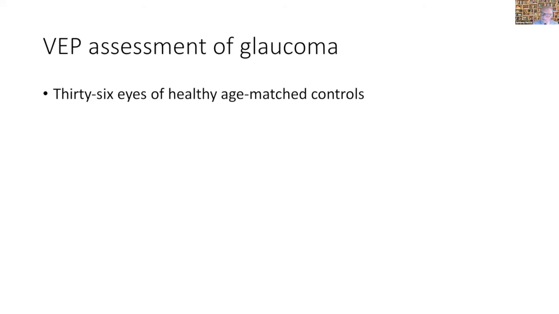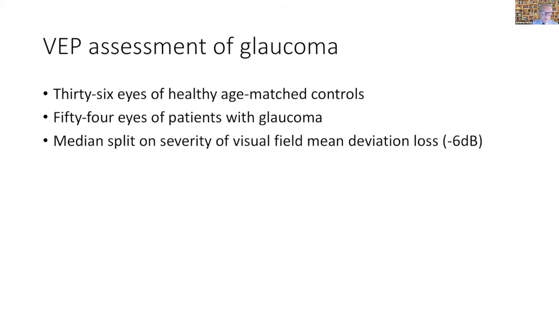So I'll show you data from 36 eyes of healthy age-matched controls and 54 eyes of patients with glaucoma. What we'll do with the glaucoma patients is split them into two groups on the median of their visual field deviation.